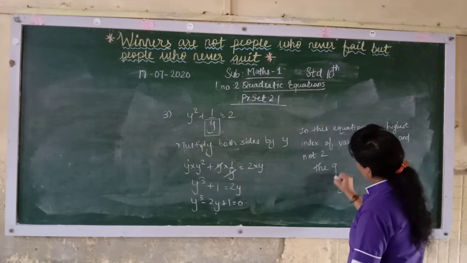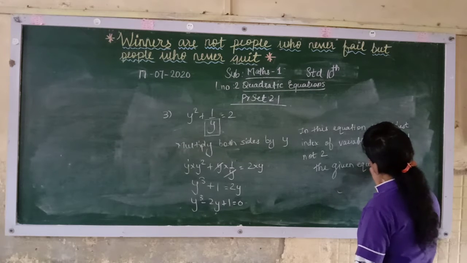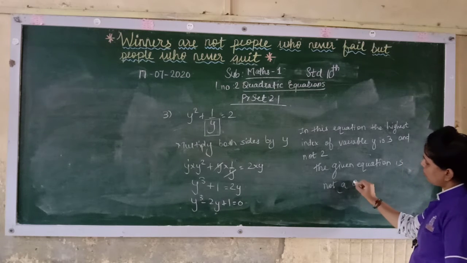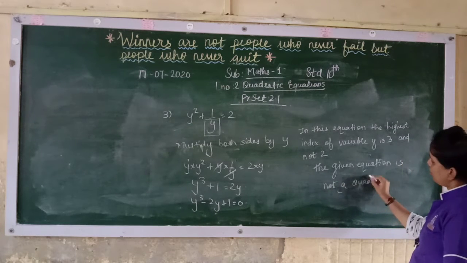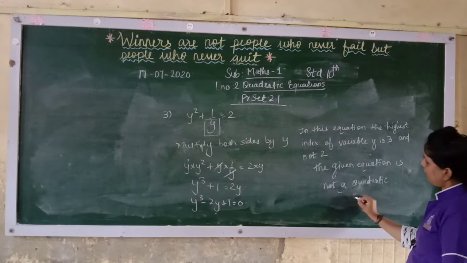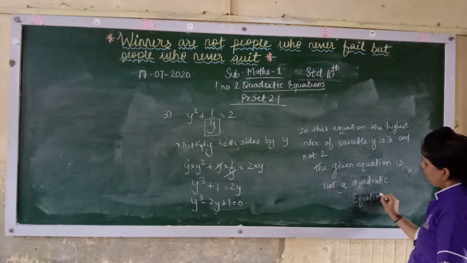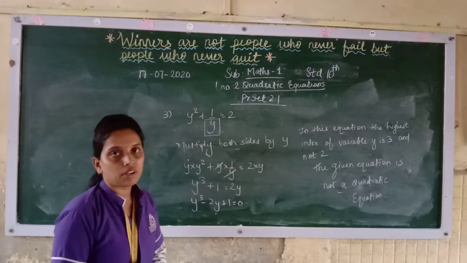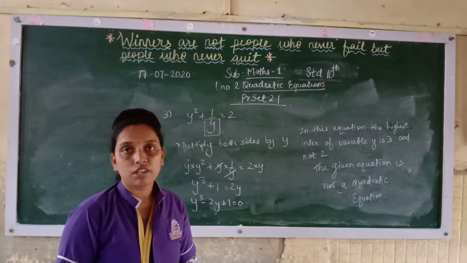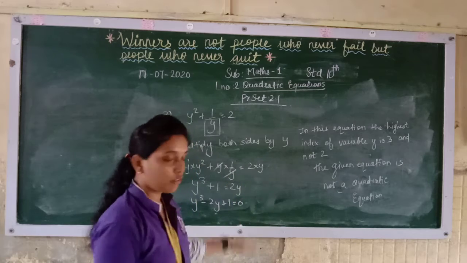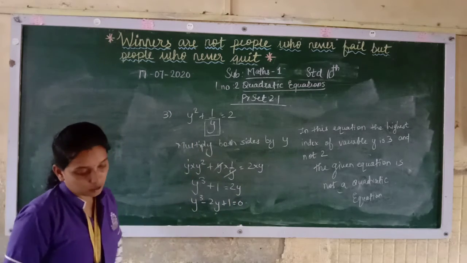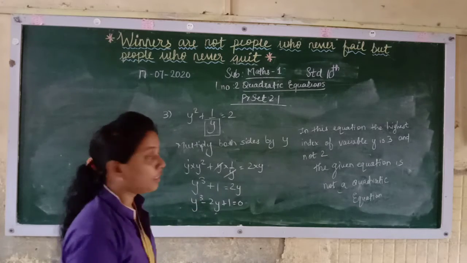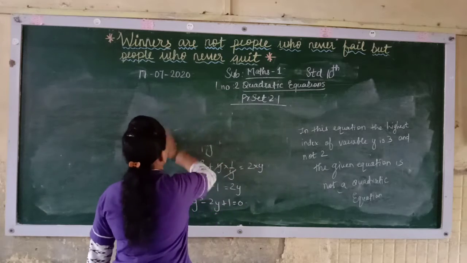Therefore, the given equation is not a quadratic equation. So always remember, for it to be a quadratic equation, it should have only one type of variable. It should not have two different variables, and the highest power of the variable should be 2. If you see in this case, it has come as y cube. So 3 is greater than 2, therefore it is not a quadratic equation.